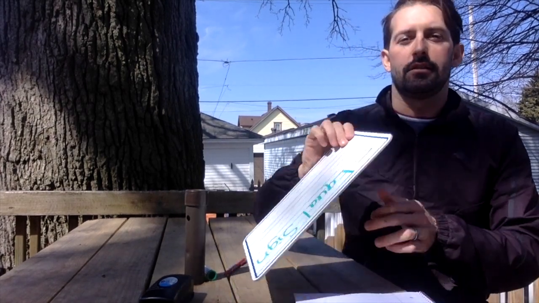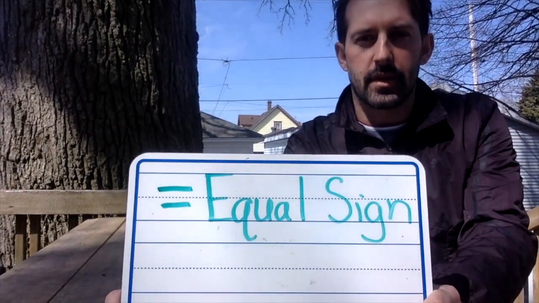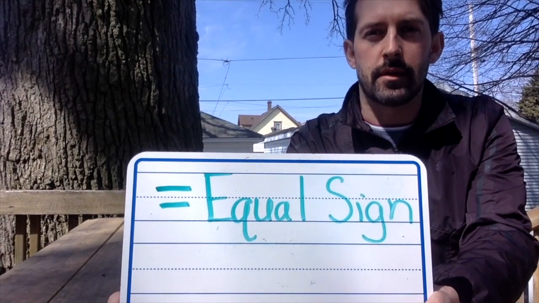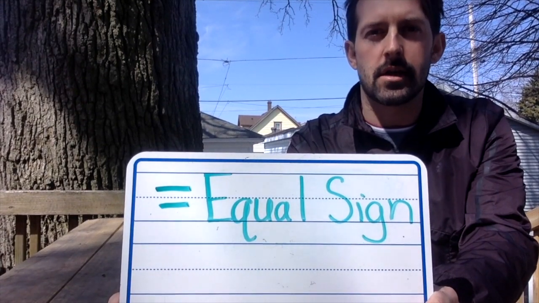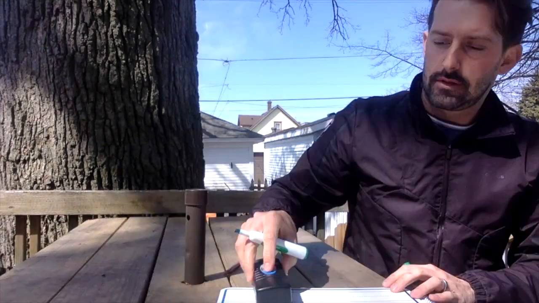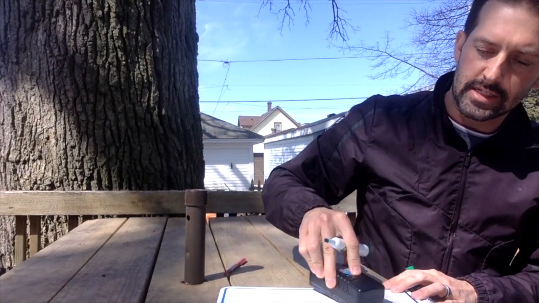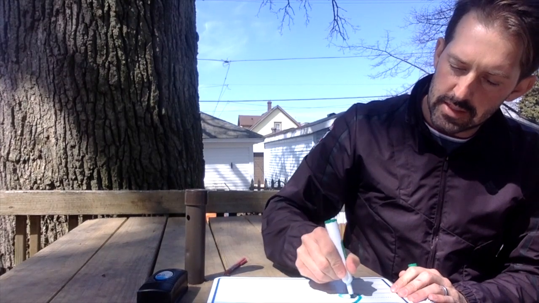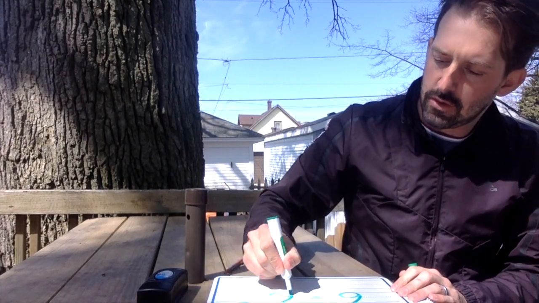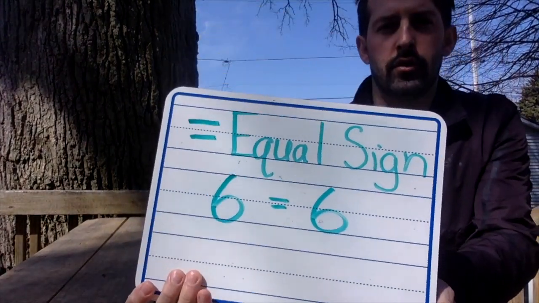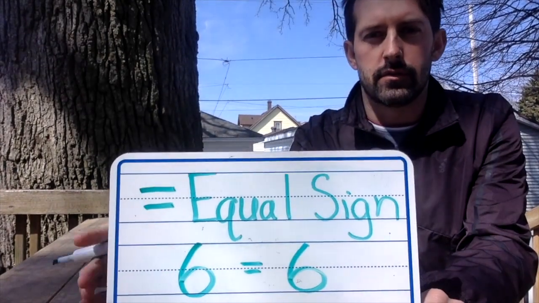Now we're going to explore the equal sign again. The equal sign looks like this. And remember that the equal sign means that both sides are the same. I could give you an example using numbers. If I have this equation, I'm going to check to see if that is true.